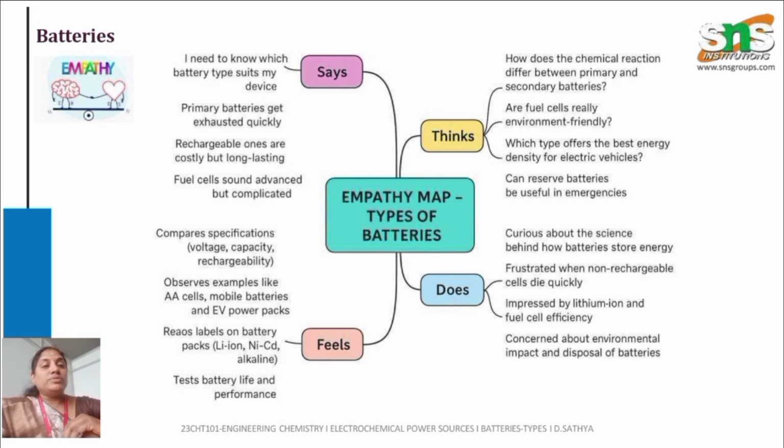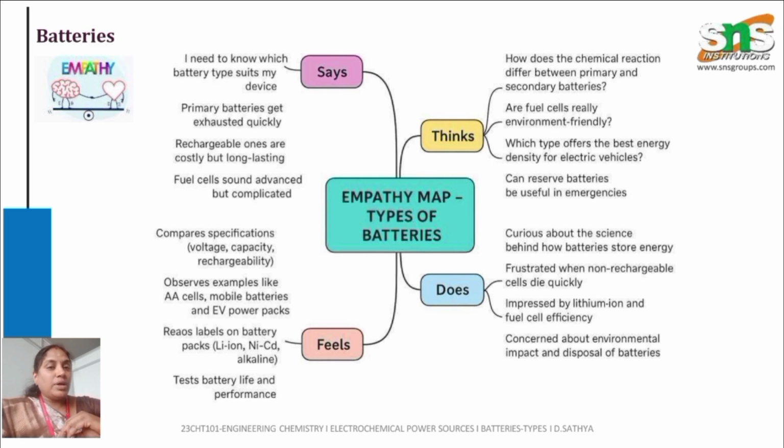We are also going to discuss the fuel cell, which is one type of battery. And about battery life, how long a battery works over time. For example, in a TV remote we use a battery for one or two months, and a UPS battery for one or two years. Even a rechargeable battery's electrolytic solution will eventually dry out, so we change the lead acid battery or UPS batteries.